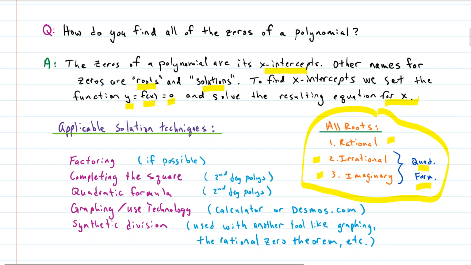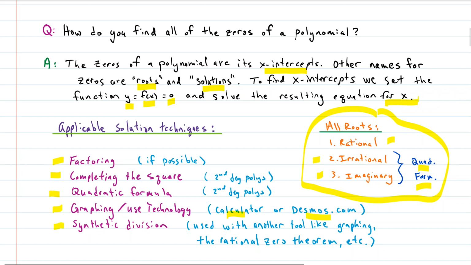So you can factor this equation, if possible. You can complete the square if you've got a second degree polynomial or a parabola. You could use the quadratic formula if you have a parabola, or if you whittled the number of roots down to just 2 remaining. You could use a graphing tool, like a handheld calculator or Desmos.com.